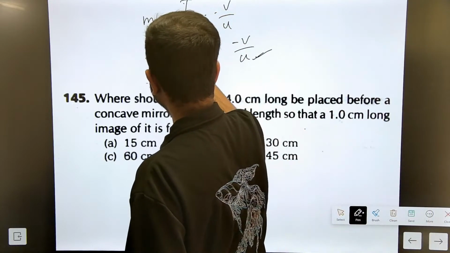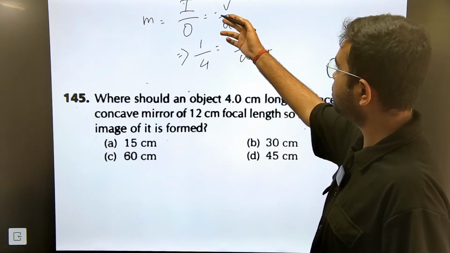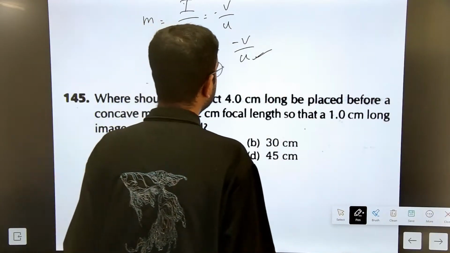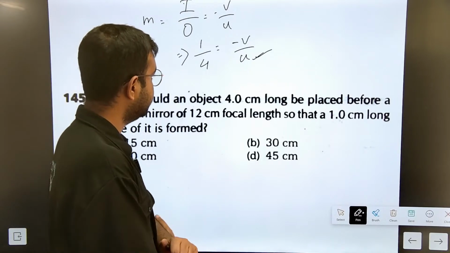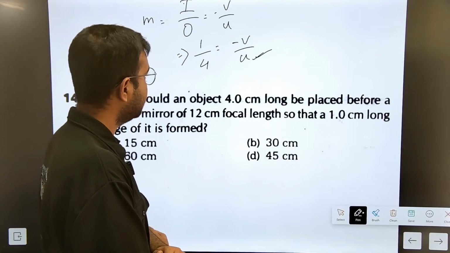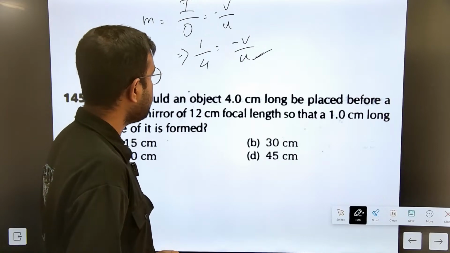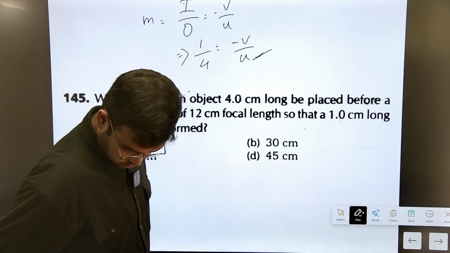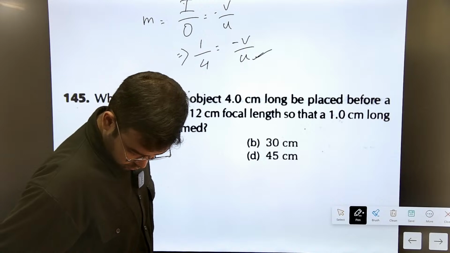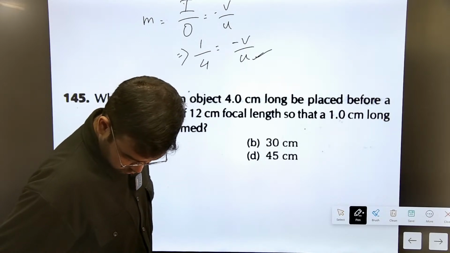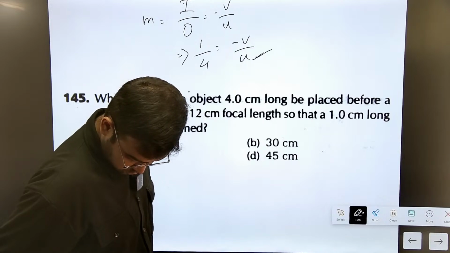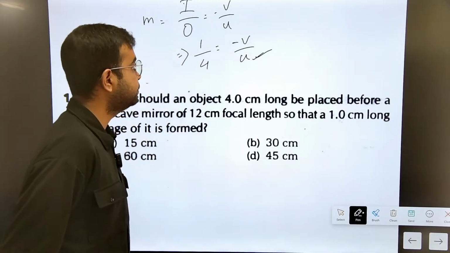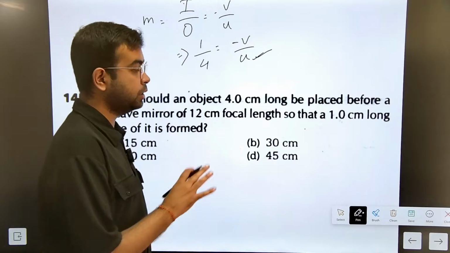Because magnification is equal to I by O also and magnification is equal to minus V by U also, ठीक है? इतना क्लियर है? अभी देखो, what we need to do here is that, yeah, so from here we need to take certain values and put it in the mirror formula.